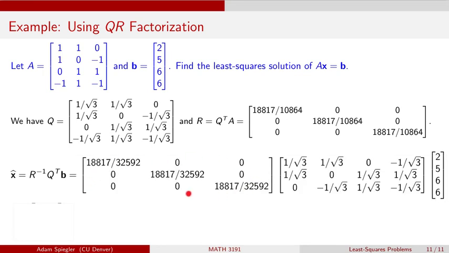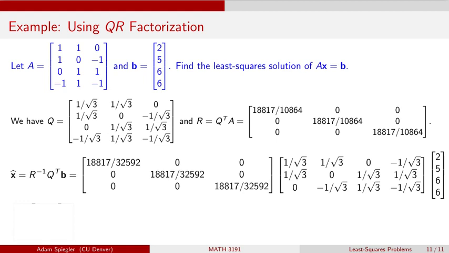And first of all, finding the inverse of R is quite simple computationally when R is a diagonal matrix like this one. It's not too bad when it's an upper triangular matrix. But now the solution is taking a diagonal matrix times Q transpose times B.